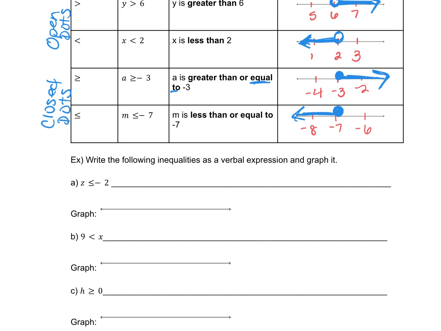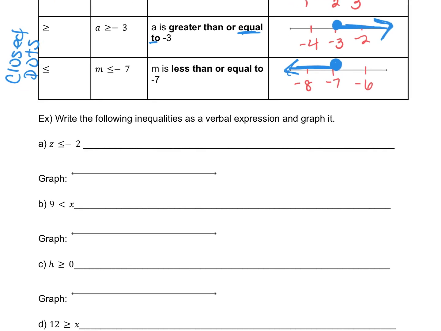Here's what we're doing for this section. Write the following inequalities as a verbal expression and then graph it. So you're going to have to be able to read these. If you read this out loud, z is less than or equal to -2.